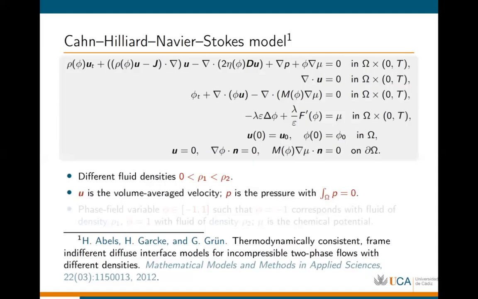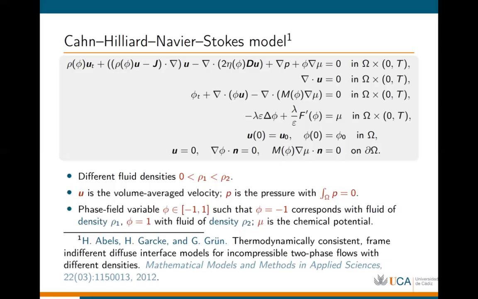In this model, we have mainly four variables. We have the variable u, which is the volume average velocity. We have a pressure that we usually consider to have mean equal to 0, just to have it uniquely determined. We have the phase field variable, which distinguishes two phases: phase equal to -1 corresponds to the fluid of density ρ1, and phase equal to 1 corresponds to the fluid of density ρ2.